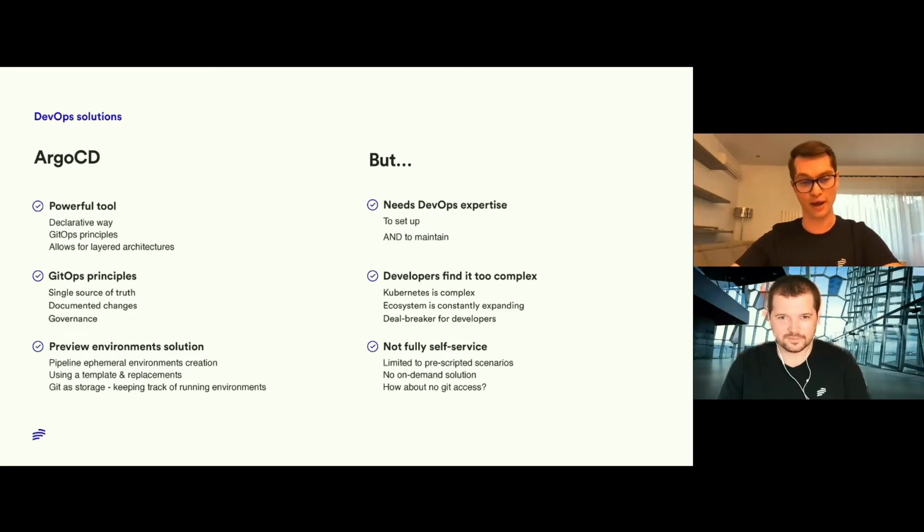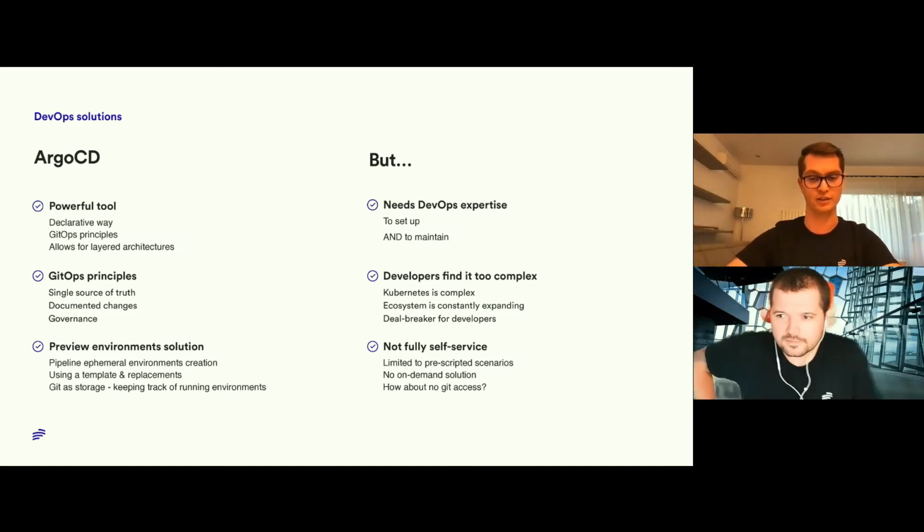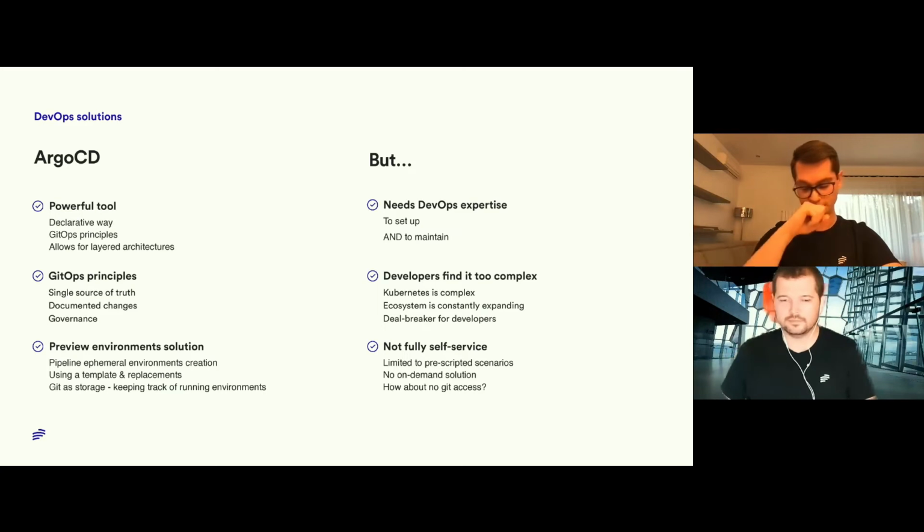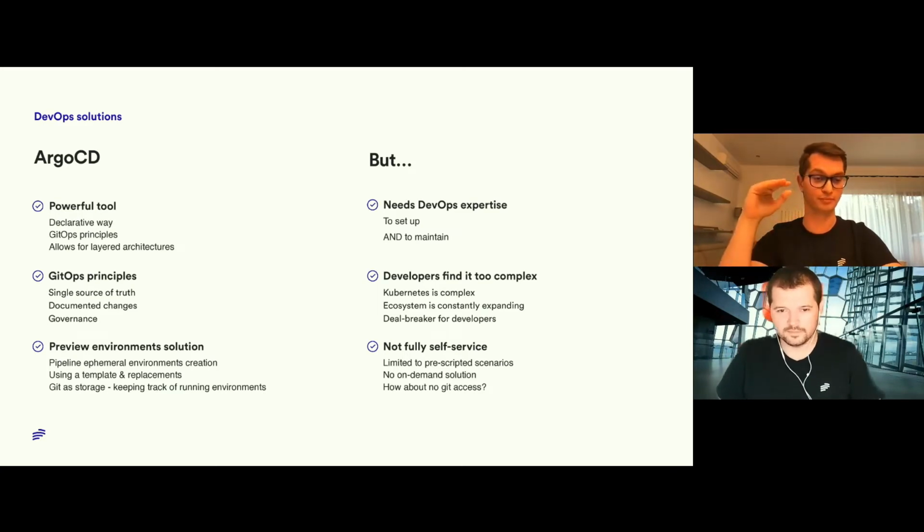It allows you to manage the environment definition, or the application definition as its concept says, in a declarative way. It also allows for building a layered architecture, like nesting things and patching, packaging things, bundling things together.